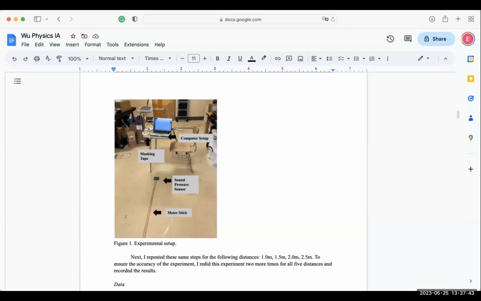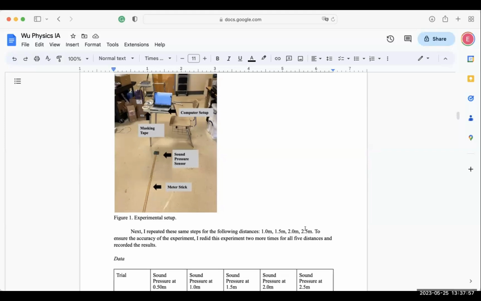Then I used this software here to measure the sound decibels of my flute. So I'd play from 1 meter, 2 meters, and then step back to measure with my computer. Or sorry, it's 1.5 meters and by increments of 0.5.